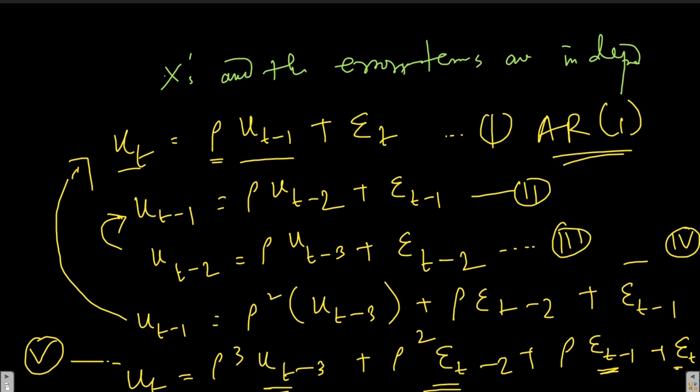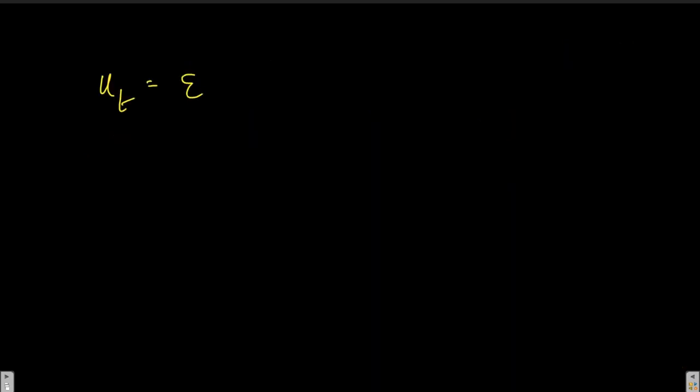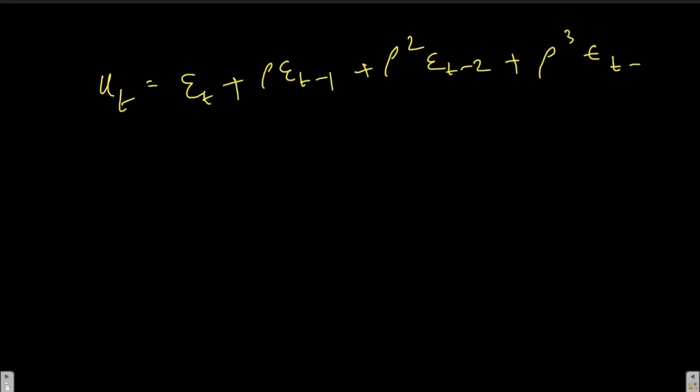So I have e_{t-1}, e_{t-2}, and as I further express u_t in terms of e_t, I will get more and more e terms. So I'll get something like a series: e_t plus rho e_{t-1} plus rho square e_{t-2} plus rho cube e_{t-3}, and so on.